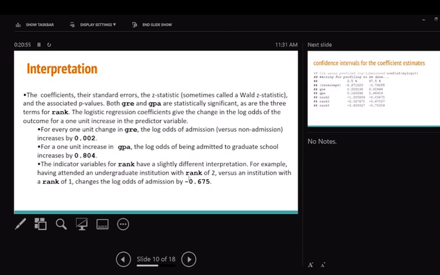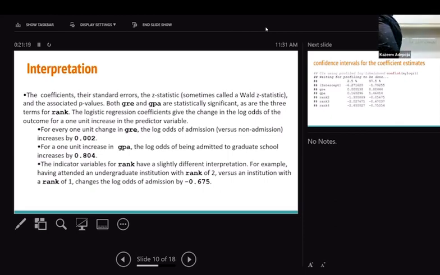Why do I say it increases? I said increases because that's a positive, right? If it is negative, then I'm going to say decreases. Whenever you are interpreting the estimate from the logistic regression output, you're going to say the log odds.